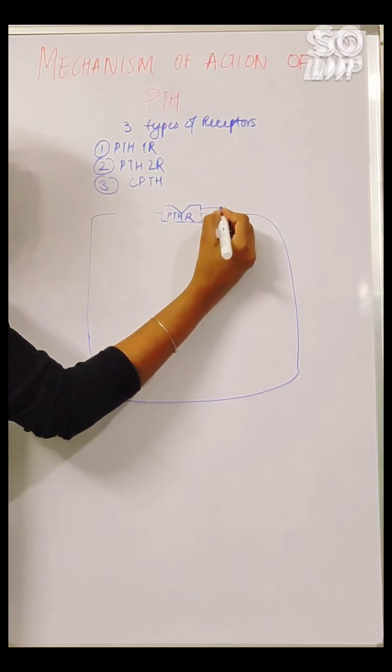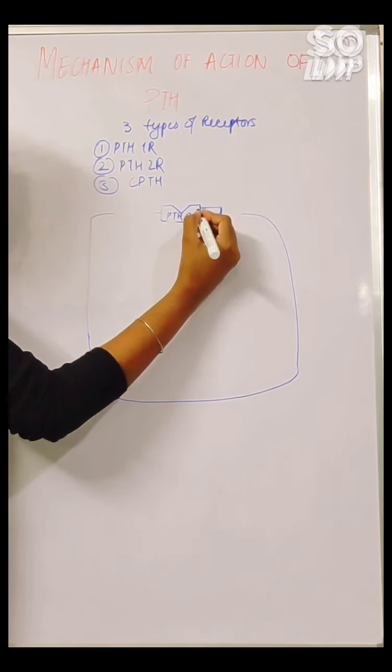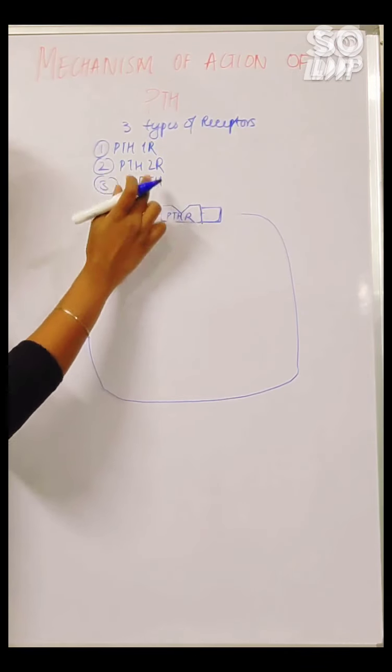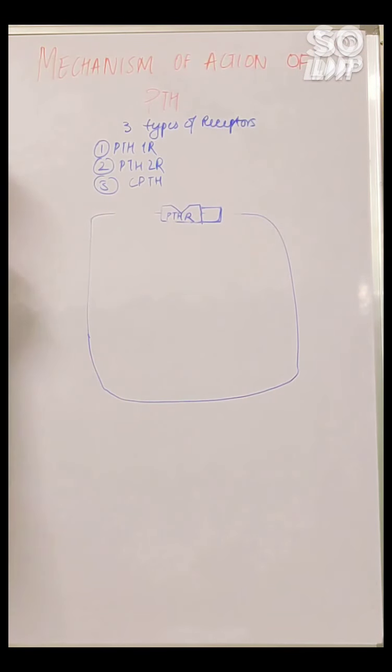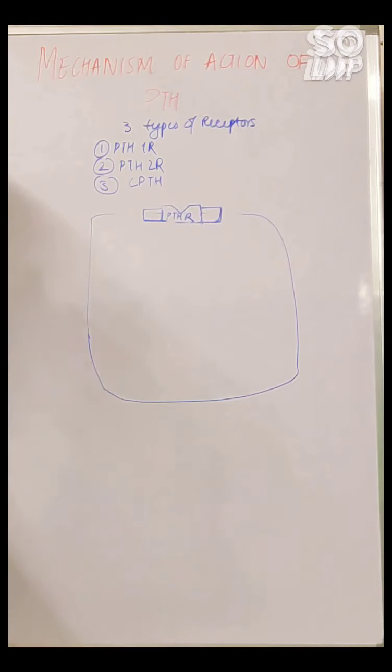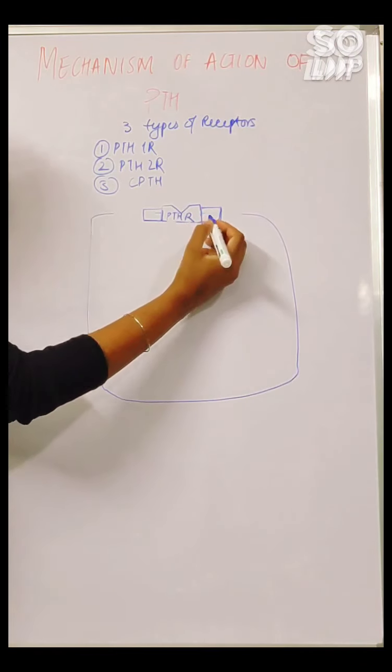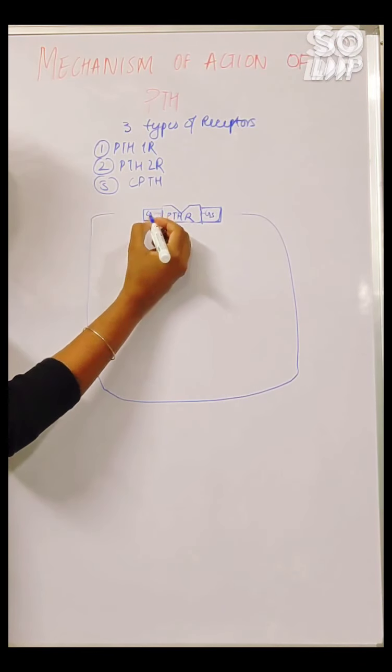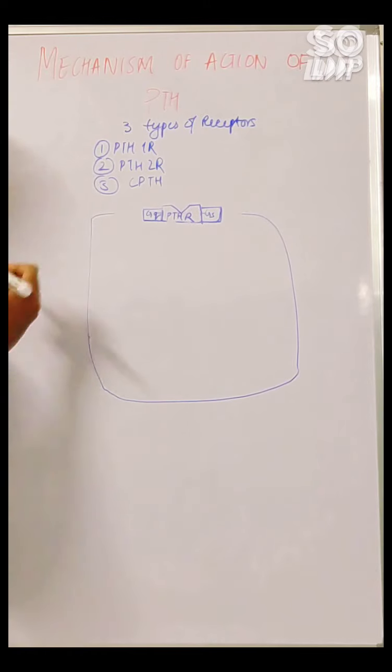Attached to PTH1R and PTH2R, there are two types of G proteins actually. Those are GQ and GS.